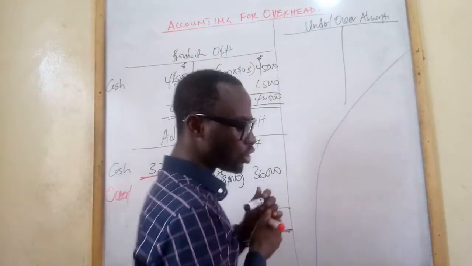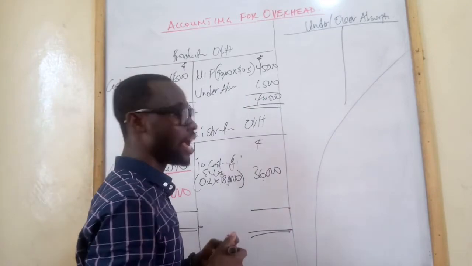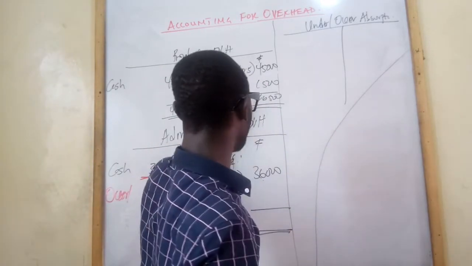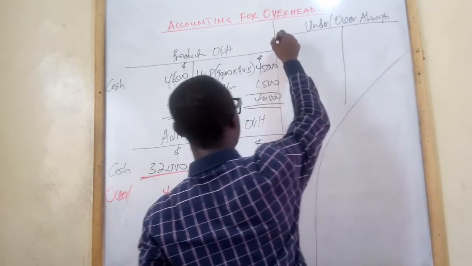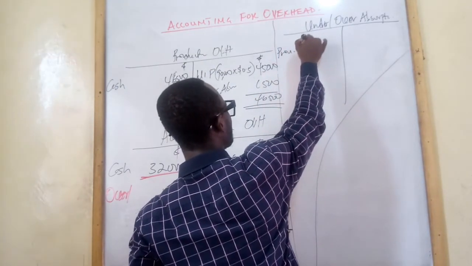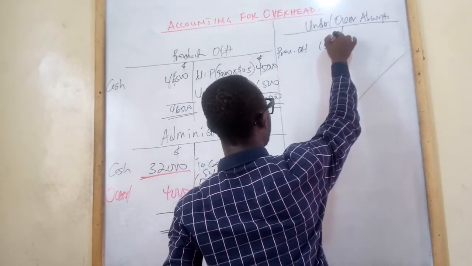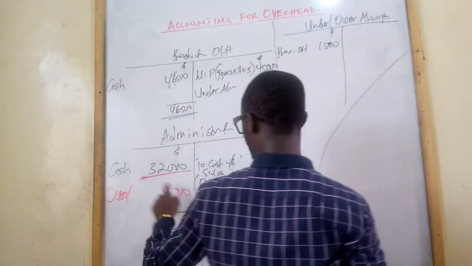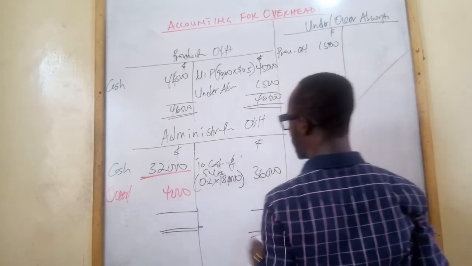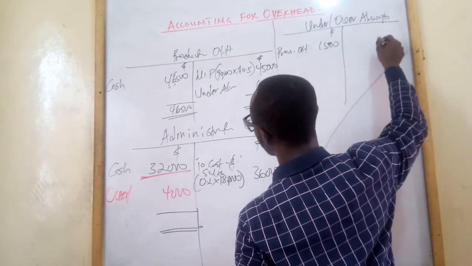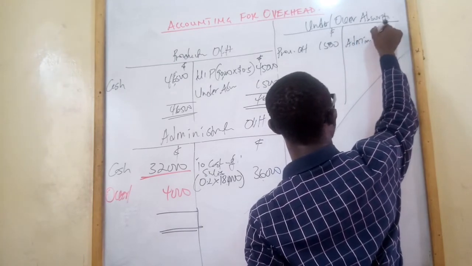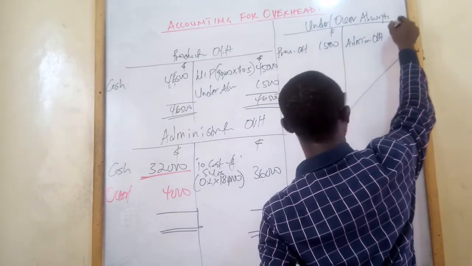So now when I go to the over or under absorption of overheads, I simply have to what? Complete the double entry. So this is on the credit side, I bring it to the debit side from the production overheads account, 1,500. Then this is from the admin overheads. It's over provision on the debit side, so I bring it to the credit side from admin overheads of 4,000.